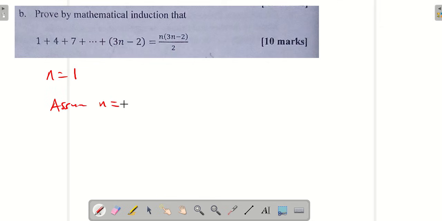Assume that n is equal to k and prove for n is equal to k plus 1. If all these three conditions hold, then by mathematical induction, this statement is true.